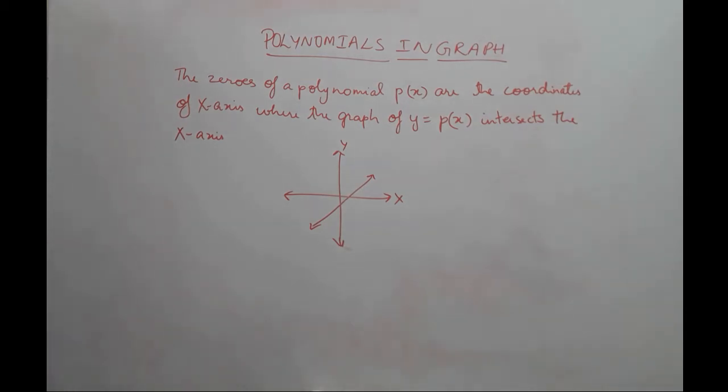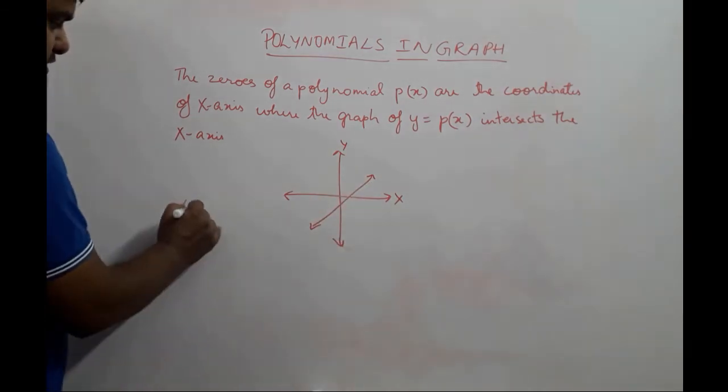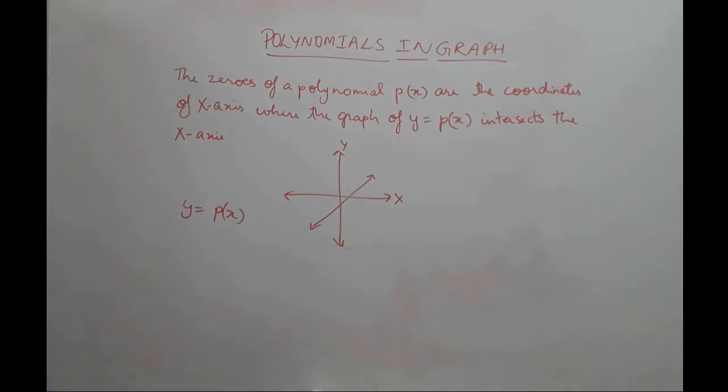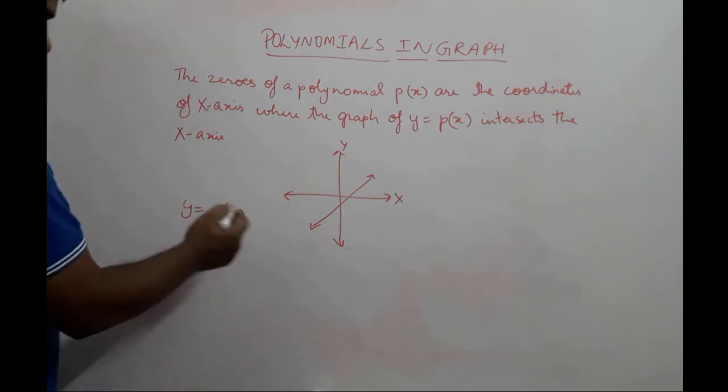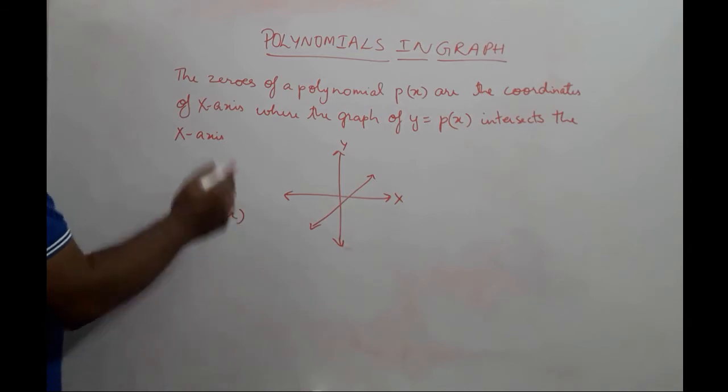Now what it says is the zeros of a polynomial p of x. Let's say the equation of this line is y equal to p of x. The zeros of a polynomial p of x are coordinates of x-axis.